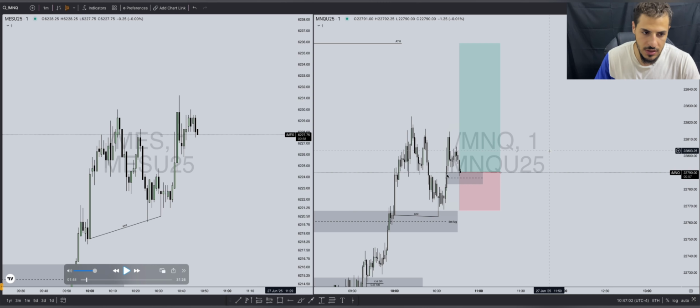Now, from experience, whenever this happens, we get the full package before macro, and then what's left is just the entry. I like to wait for confirmation. I like to wait for this fair value gap. If this fair value gap happens before macro, I look to wait, because from experience, whenever this fair value gap happens, a lot of times it gets ran through, even though you have all the confluence.